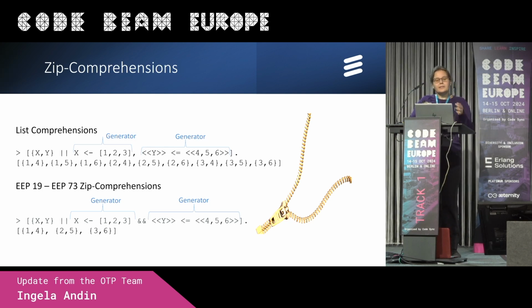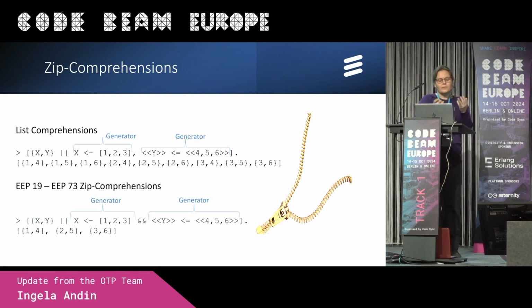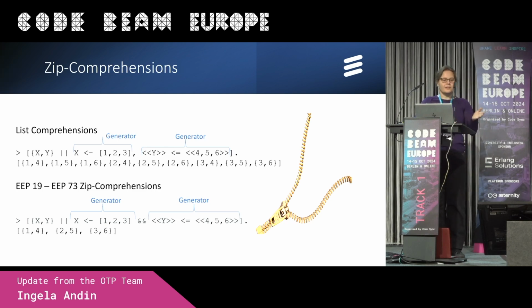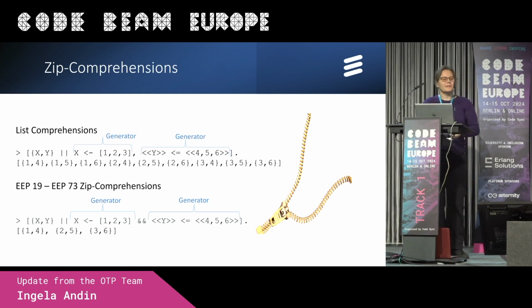And then you take the elements from the generators and you combine them in all possible ways. So as you see from this small example, there's quite a few combinations. And if you have a zip comprehension, you will take the generators and you will zip them together so that you get a lot fewer combinations.